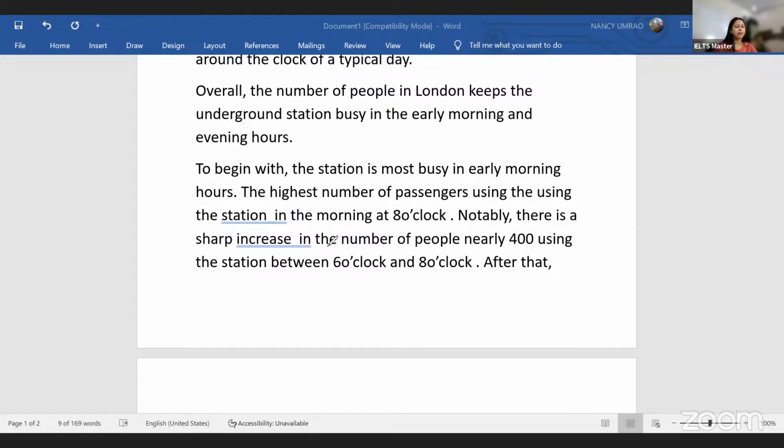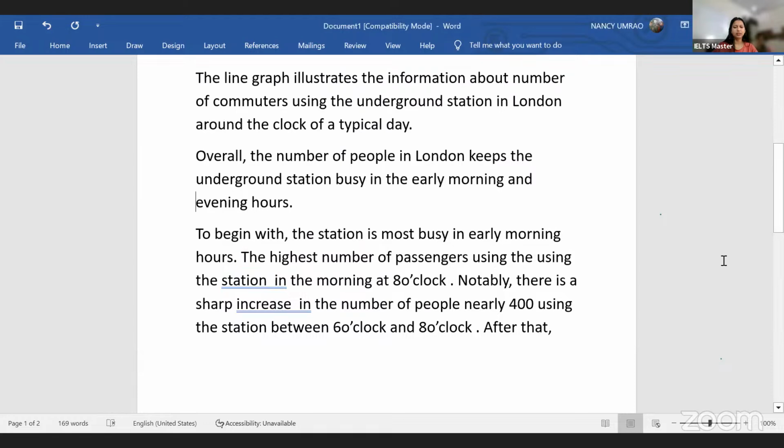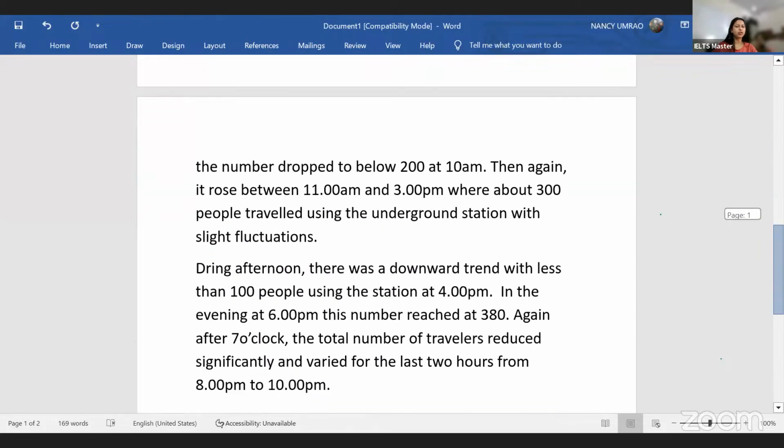Notably, there is a sharp increase in the number of people, nearly 400, using the station between 6 and 8 o'clock. After that, the number dropped to below 200 at 10 o'clock.